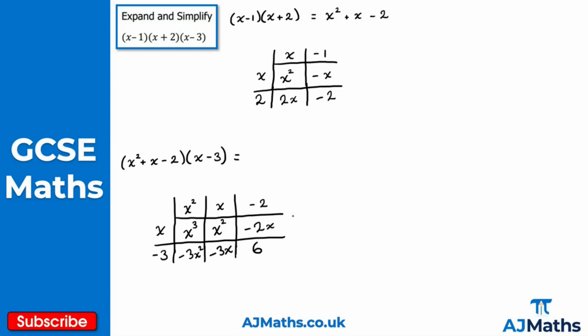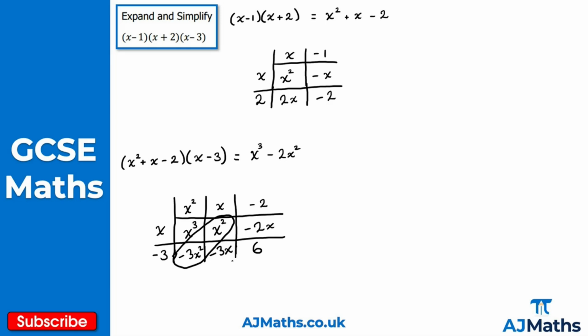What we need to do now is simplify. I'm going to get x cubed, and we can't do anything with that. I've then got minus 3x squared plus x squared. Remember in the introduction, we did this little diagonal just so we could easily see what we were simplifying. So minus 3x squared plus x squared gives us minus 2x squared.